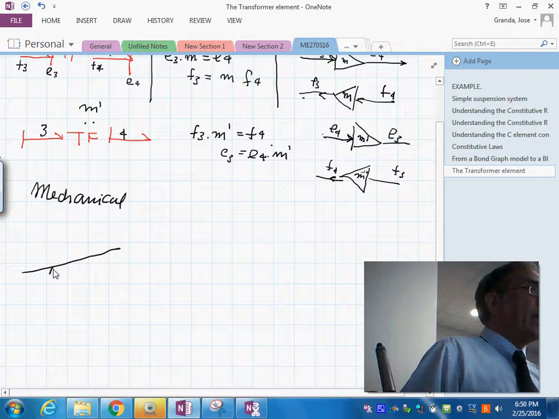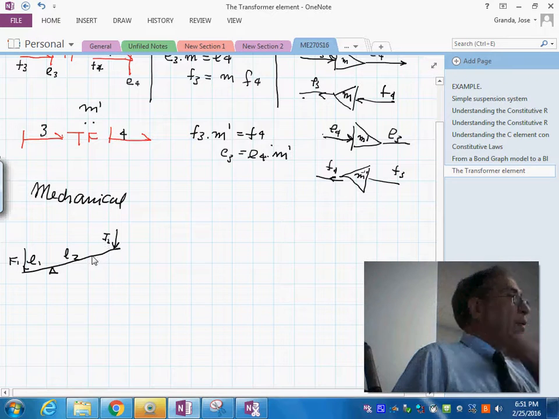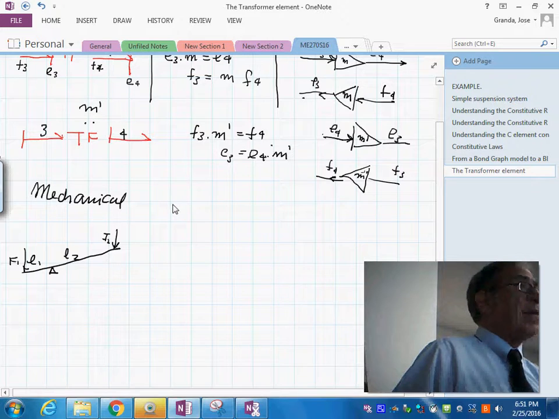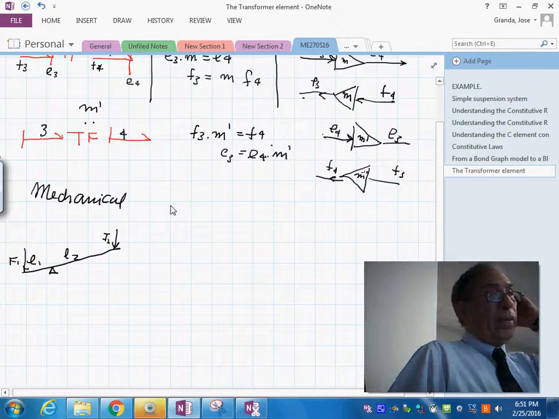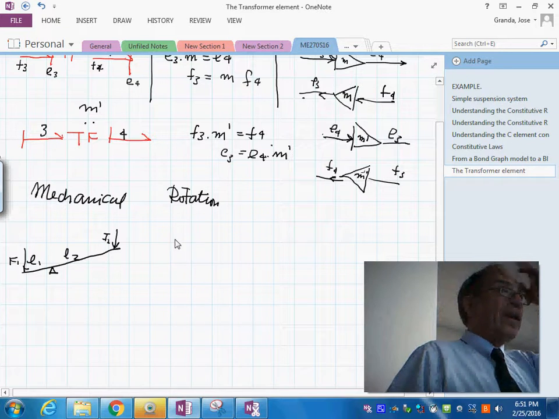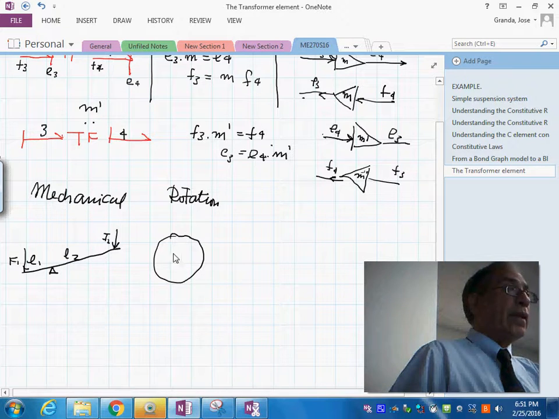We have a rotational example, and you could have a set of gears like this, where you have omega 1 and omega 2, R2, and this would be R1.